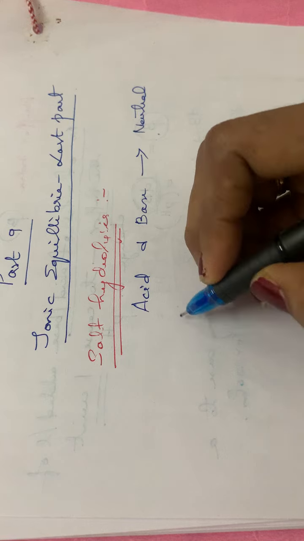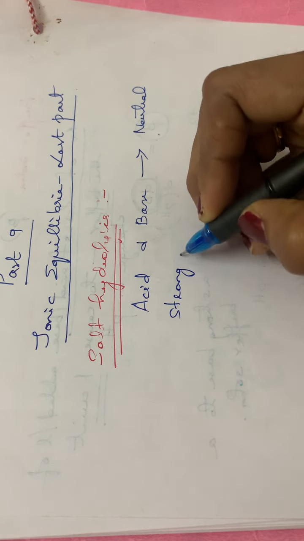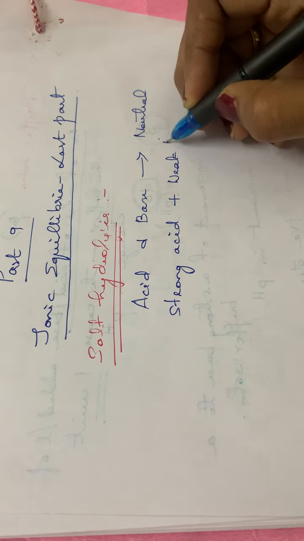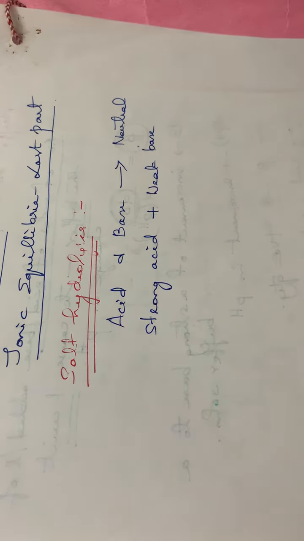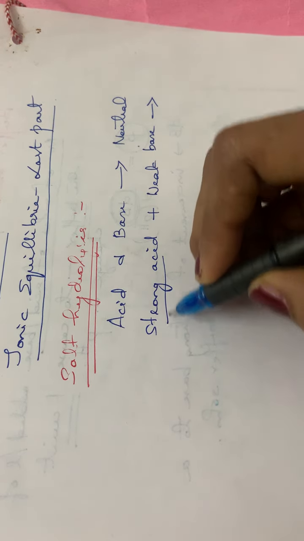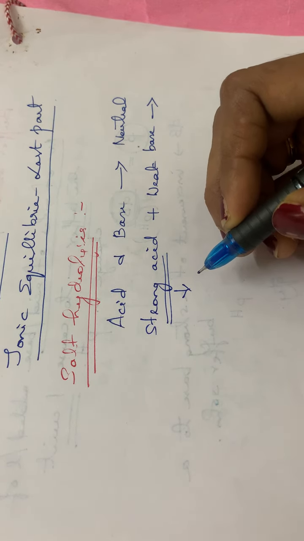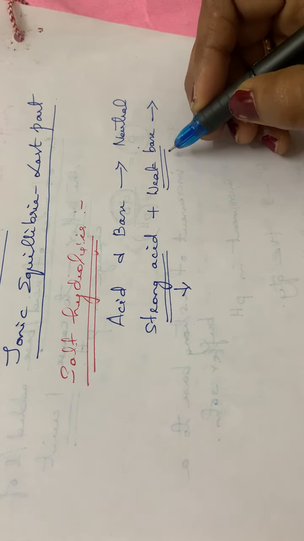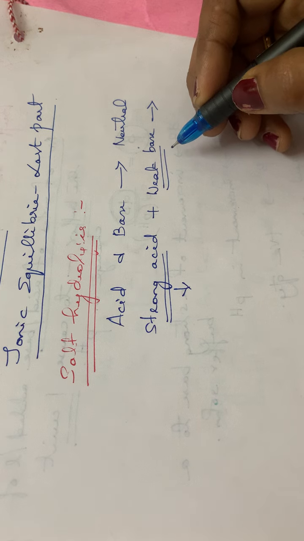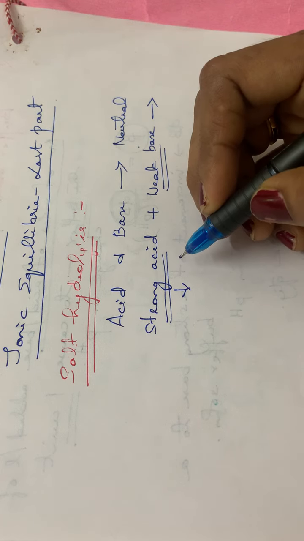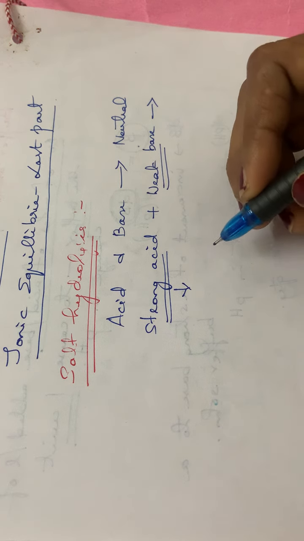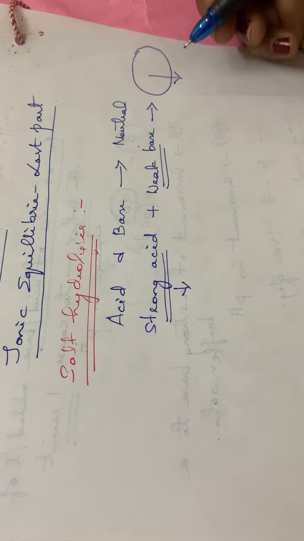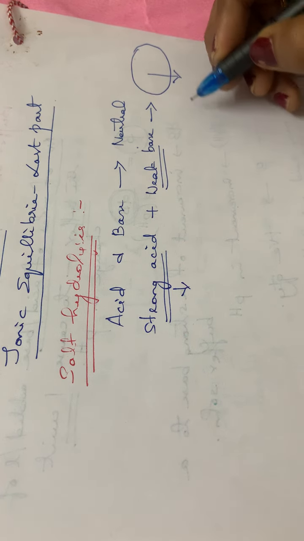So when we are mixing a strong acid with a weak base, what happens is that the strong acid will be completely ionized in solution. At the same time, the weak base will be only partially ionized. So what about the nature of the resulting solution?